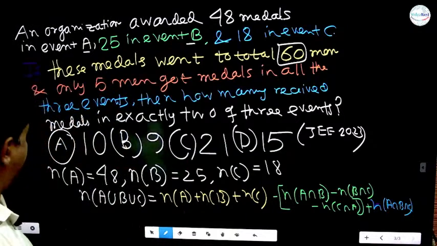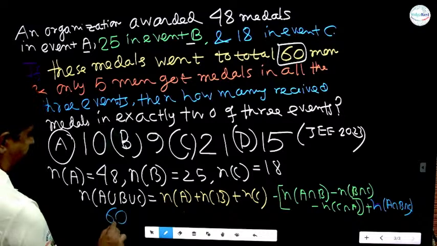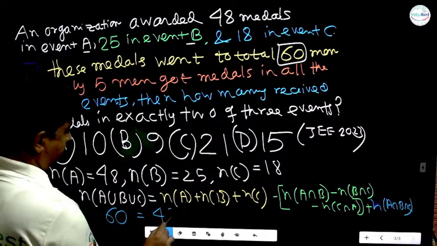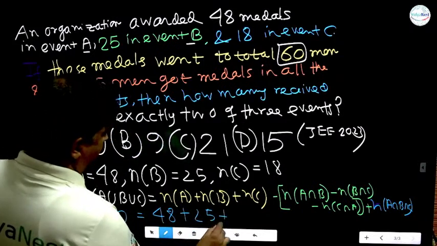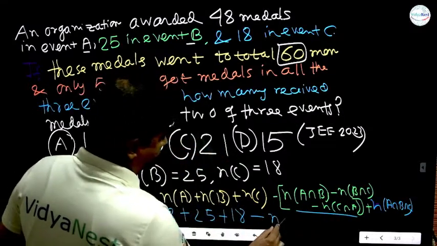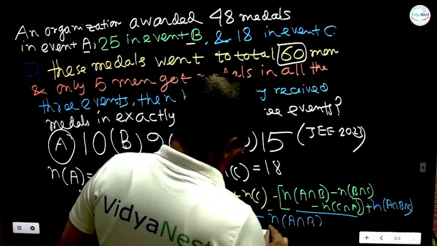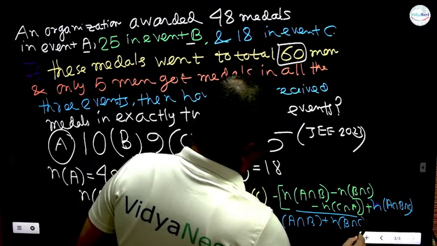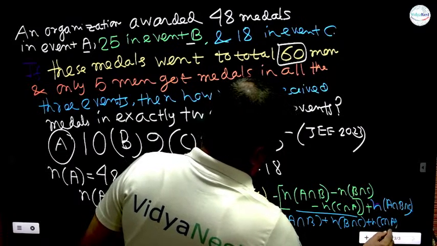Now A union B union C is 60. n(A) is 48, n(B) is 25, n(C) is 18. These we are told to find: minus common, and this is plus 5.